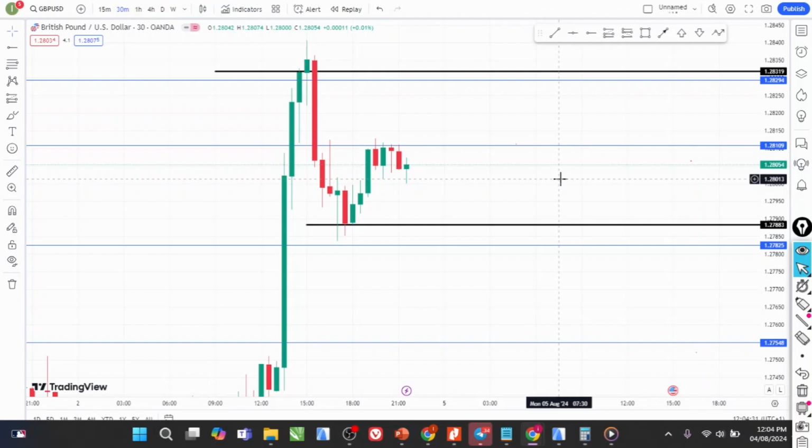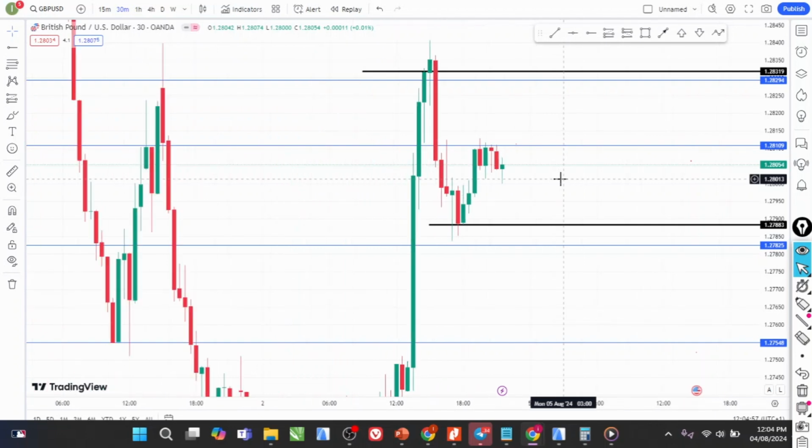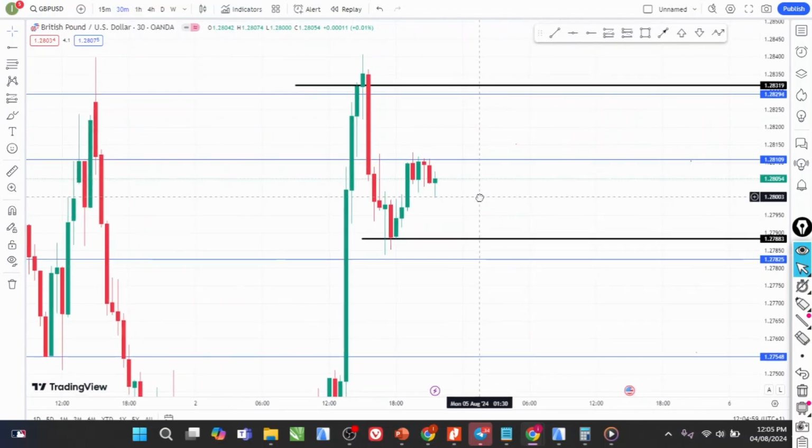I'm going to make a separate video on how you can properly manage your trade, how you can identify the trade that is not going to go your way. Your ability to identify the trade that is not going to go your way and close on time is also a win. It's also considered as a win, and it's also a skill that needs to be put into consideration.